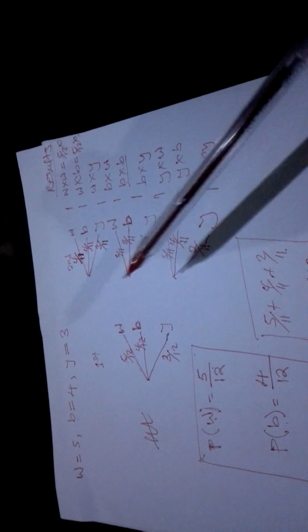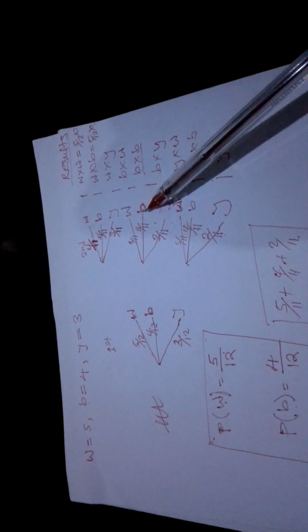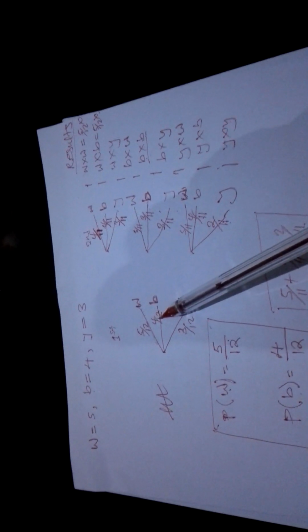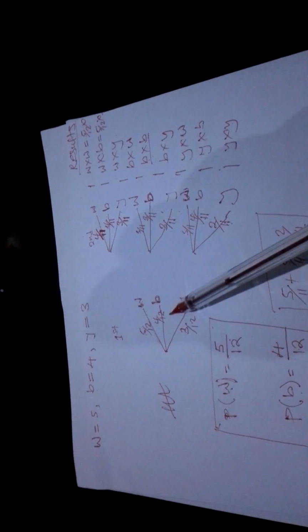So for blue and blue, let's go to the branches that gave birth to blue and blue. This is blue and that is blue. So hence we had this blue times blue. The first fraction for blue is 4 out of 12.